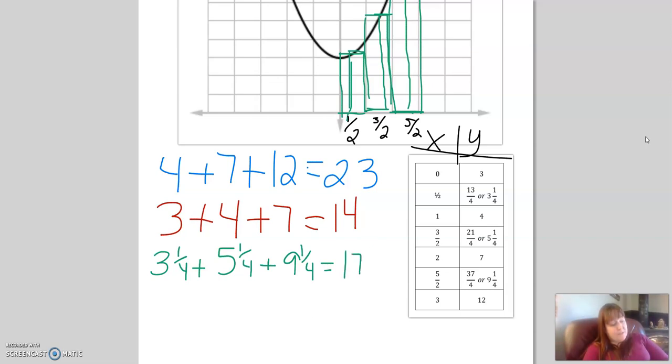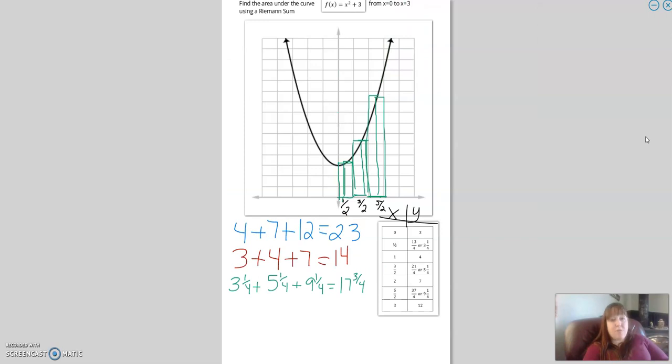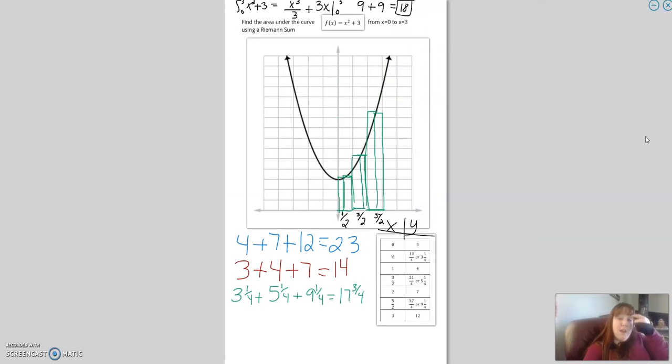So we actually get 17 3/4. So that one actually is really, really close. It's actually a really good approximation of our area. And so you can see with Riemann sums, basically the idea is we're going to draw rectangles underneath a curve, and then we're going to find the area of those rectangles, and it's going to tell us pretty close what the area under the curve is.